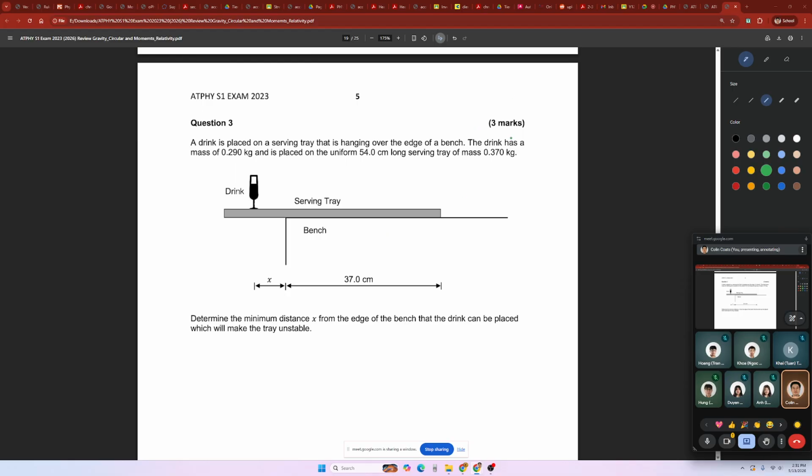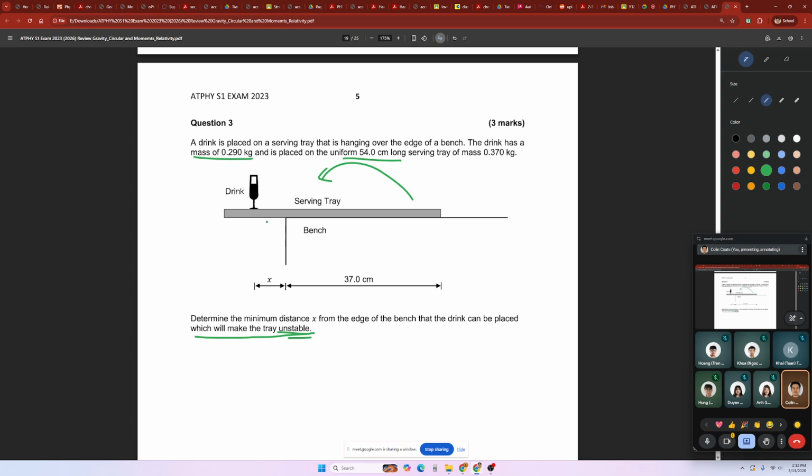Okay, 3 marks. The minimum distance that the drink can be placed on the tray that will make it unstable. It means that something is going to tip over, right? So we just read this quick. Mass of drink, okay.